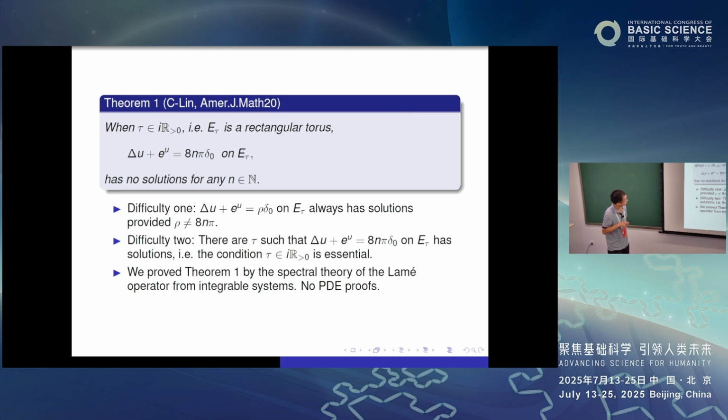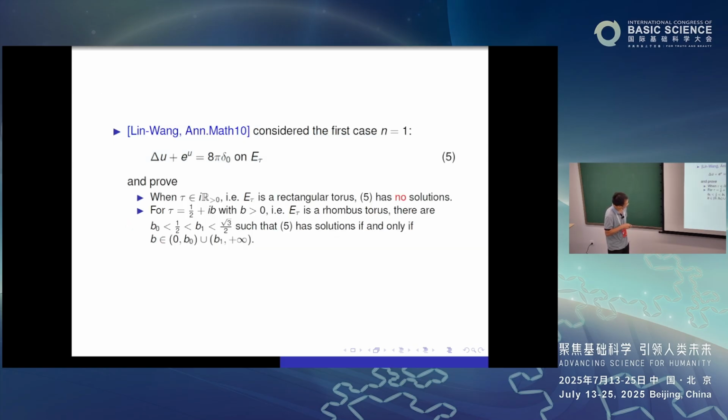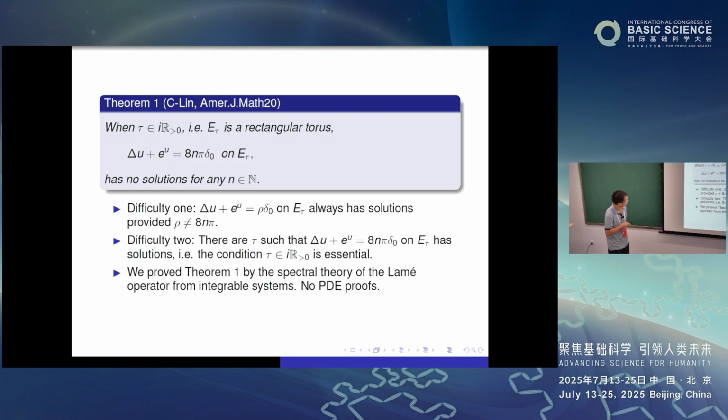Several years ago, Professor Lin and I generalized this result to general 8 pi times integer n. That is, we proved that when tau is purely imaginary, then for the equation with right-hand side 8 pi times integer n, for any n, this equation has no solution.